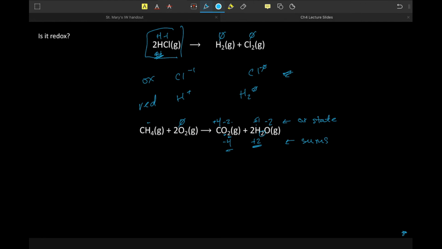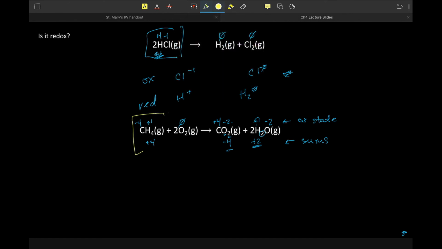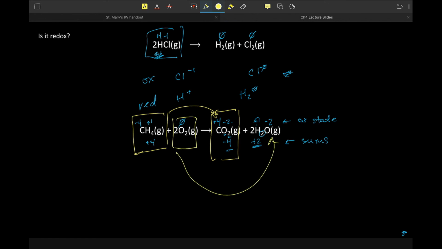And so here, hydrogen is typically +1, which means this is +4, which means that this has to be -4. So then what we'll see is that we have methane, and our wording that we would use is methane is oxidized, and we would say that oxygen is reduced, okay?